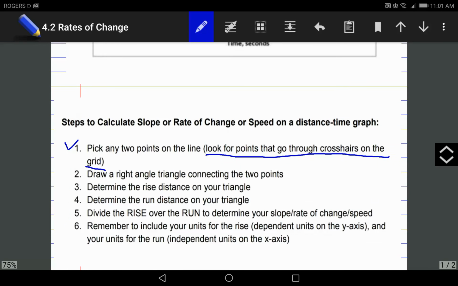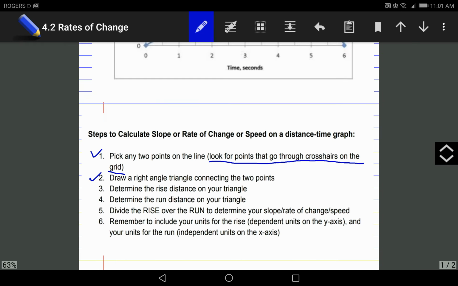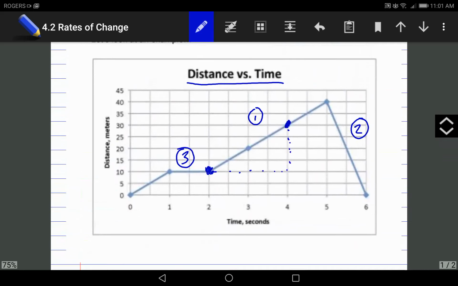It says draw a right angle triangle connecting the 2 points. And I've done that already. Here, I have drawn this right angle triangle. A right angle triangle is a 90-degree angle triangle connecting the 2 points.